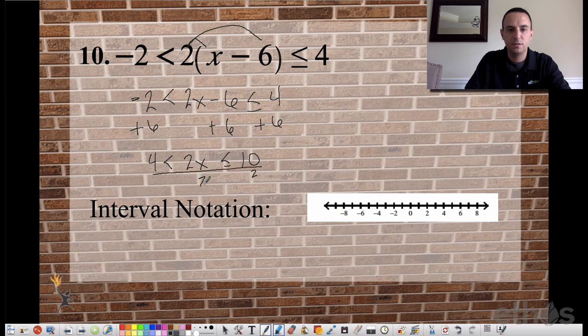Divide everything by 2. We end up with 2, x, and 5. So from 2 to 5, one with a closed circle, one open. Connect the lines so we go from 2 to 5 with a parenthesis and a bracket.